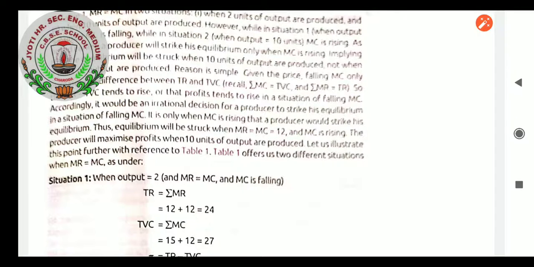We know the formula, we learnt it in the earlier classes, in term 1. Total revenue equals the sum of MR, so 12 plus 12 equals 24. Total variable cost equals the sum of marginal cost, that is 15 plus 12 equals 27.